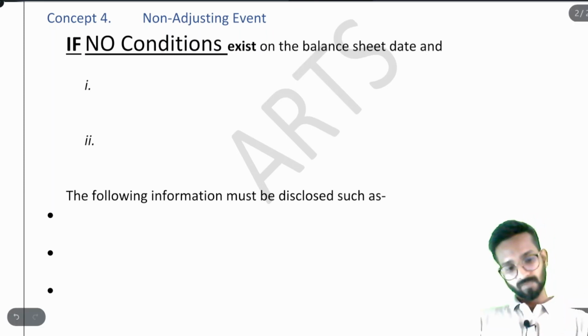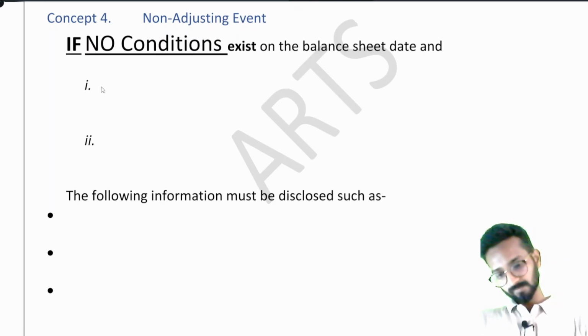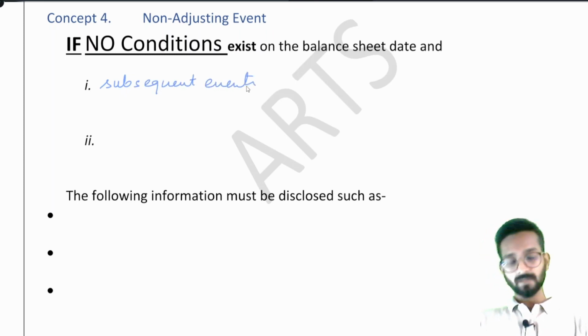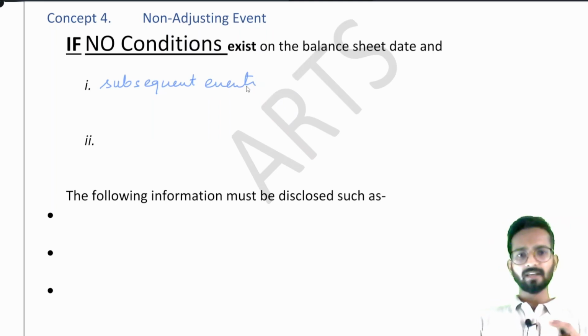How? See, if no condition exists on the balance sheet date, and if suppose subsequent events, like say there was a little fire and some goods worth 2 to 3,000 in my factory got damaged. Okay, say on 5th April or 6th April, some 5-6,000 rupees loss I had due to that fire. So I can tell you that does not affect my financial statement materially. Understood?